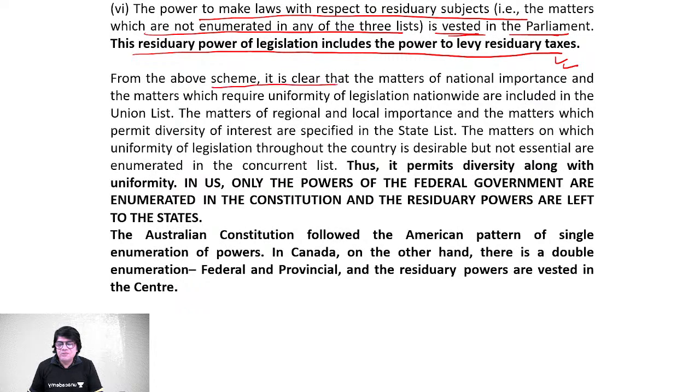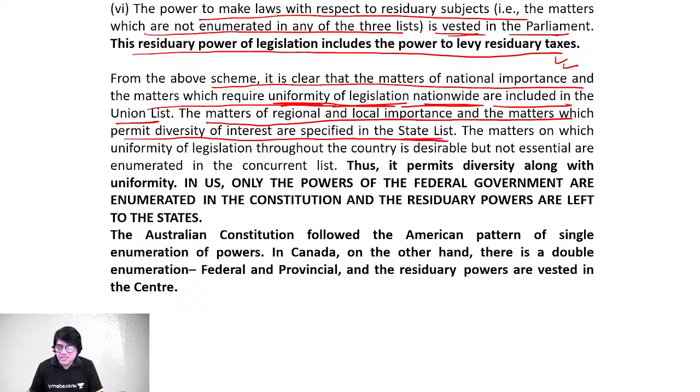And from the above scheme, it is clear that the matters of national importance and the matters which require uniformity of legislation nationwide are included in the union list. And the matters of regional and local importance and the matters which permit diversity of interest are specified in the state list.